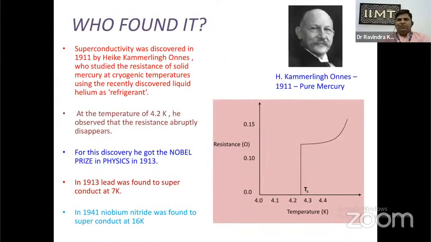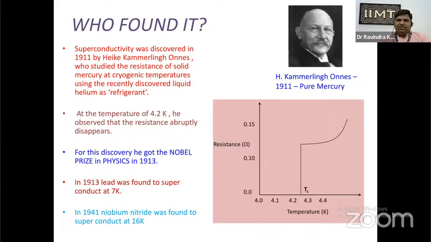Now, who was the discoverer? It was discovered by H.K. Onnes. He is known as the father of superconductors, who studied the resistance of solid mercury at cryogenic temperature using the recently discovered liquid helium as refrigerant.